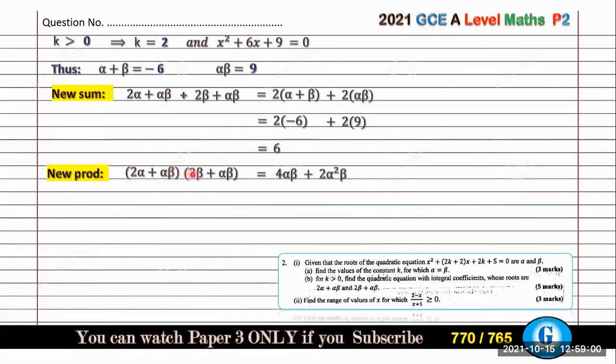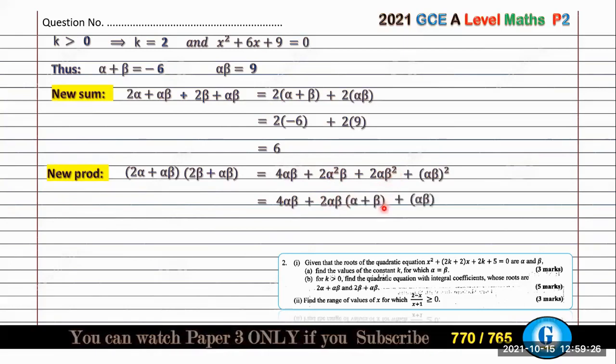Now alpha beta times 2 beta will give us plus 2 alpha beta squared, and alpha beta times alpha beta will give us alpha beta all squared. So with this one at the center, we can bring like terms together and do some modification. So for 4 alpha beta plus 2 alpha beta into here, we'll have alpha, and with this one we'll have beta.